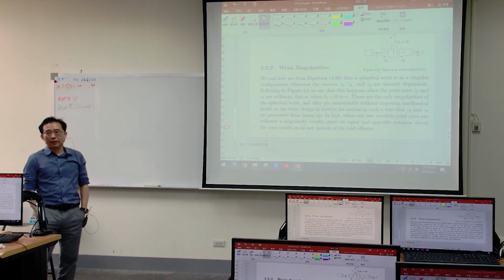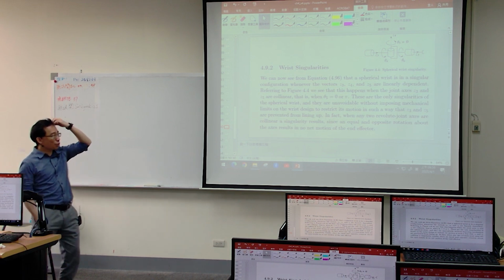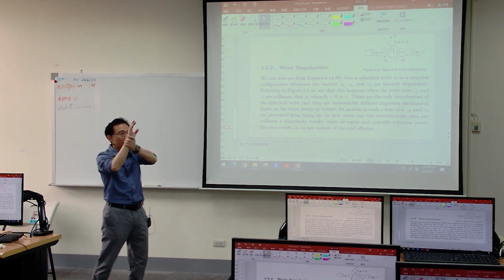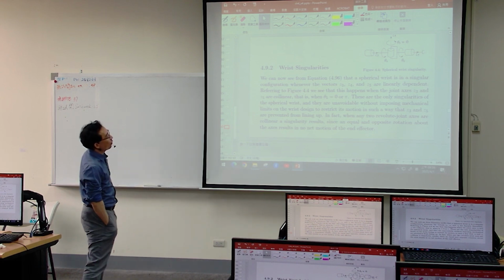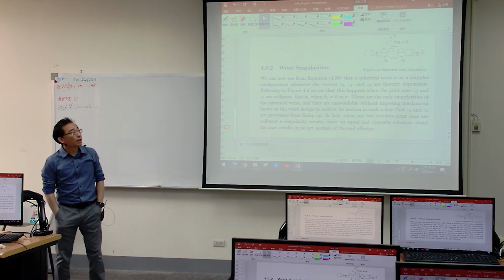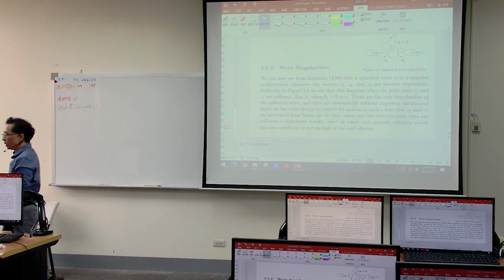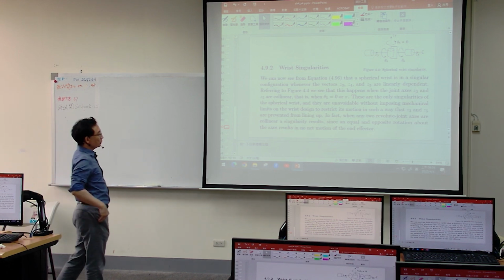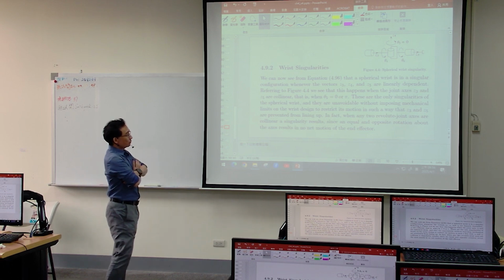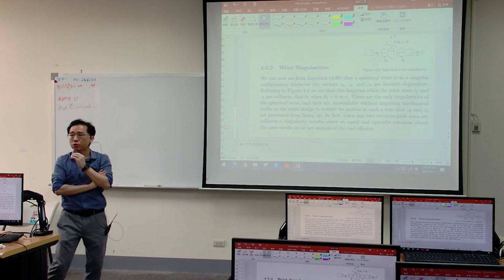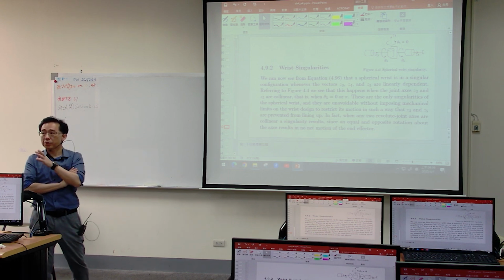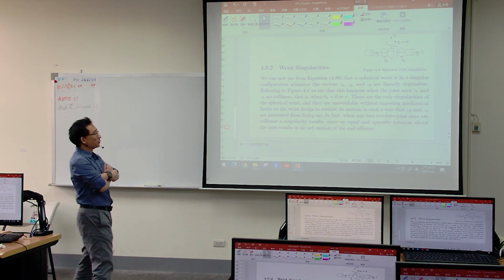So the wrist structure. Let me show over here. This is the last three, which we call Z3, Z4, Z5. It's not 6 because we start from Z0, and Z0 is the axis 1. I want to show you what the situation looks like, then we go to the mathematics, the equation.